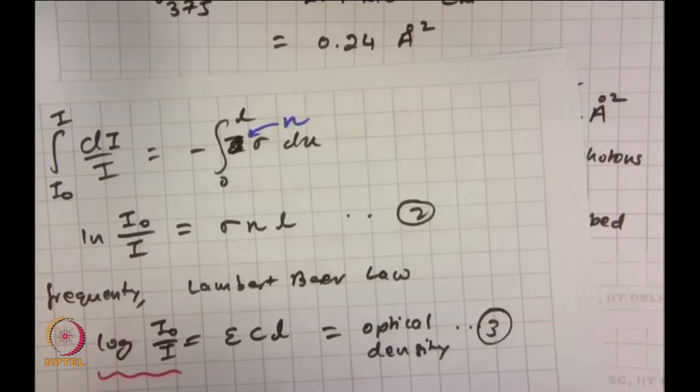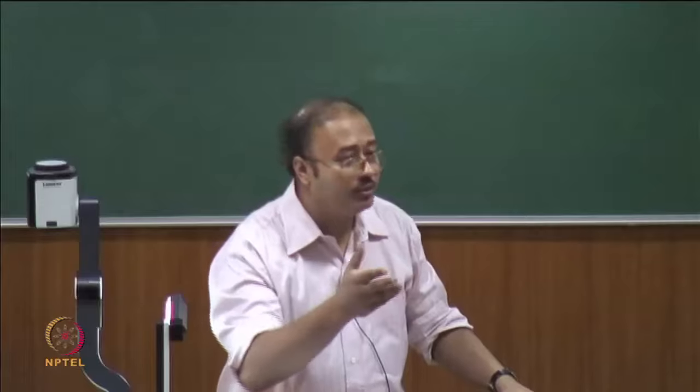It is related to probability. Okay. Now, think about this. What is the other thing you have found which is related to probability? Here you see extinction coefficient is related to the probability of absorption.